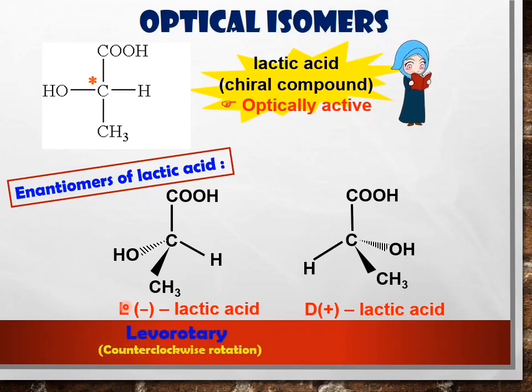So for this structure, the enantiomers of lactic acid, we have two structures. First, we have the levorotatory structure, which is counterclockwise rotation, while the dextrorotatory structure is clockwise rotation. So this is what we call the mirror image of lactic acid, or normally we call it an enantiomer.